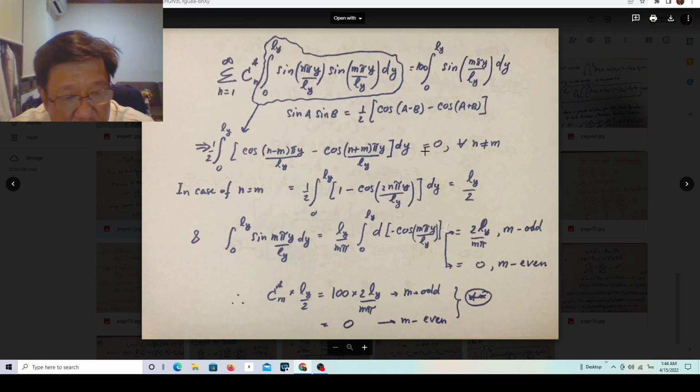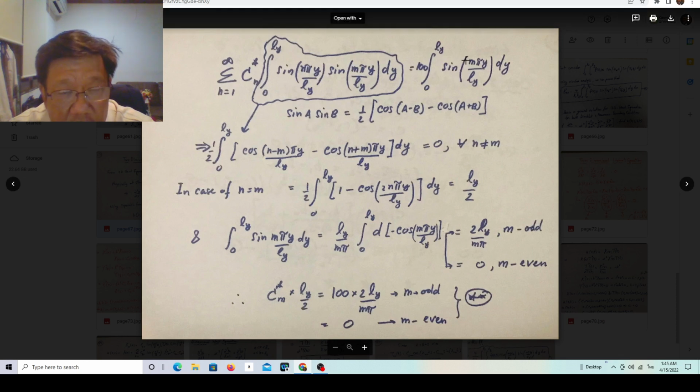For the left hand side, the only term remaining is when n is equal to m, because the remaining terms are always 0 when n is not equal to m. Therefore, the summation down here is reduced on the left hand side. It's only c star, as n is equal to m, times this term, which when n is equal to m is L sub y divided by 2.